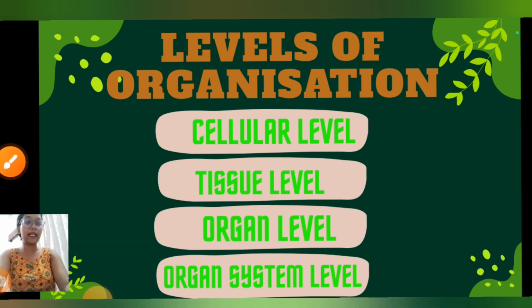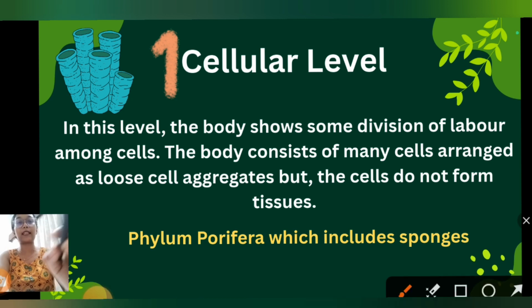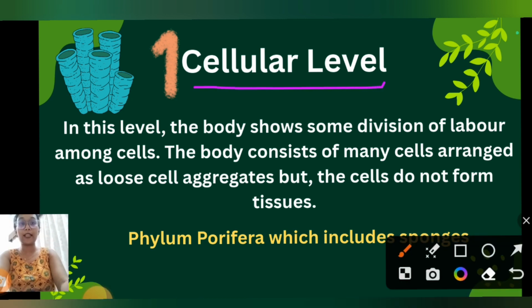So moving on to the next slide, the first level is called the cellular level. Here it is talking about cells only. The cells do not modify to form tissues in this case, that's why it is called the cellular level. In this level, the body shows some division of labor, meaning the cells have different organelles, and different organelles have different functions, so the work has been divided among the organelles.